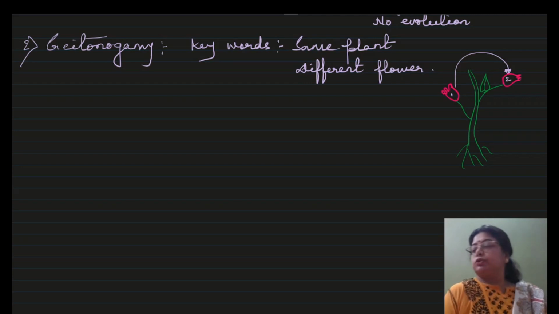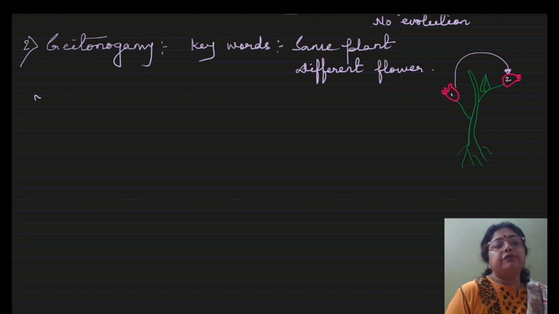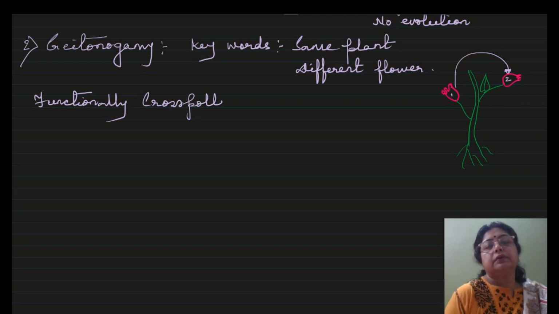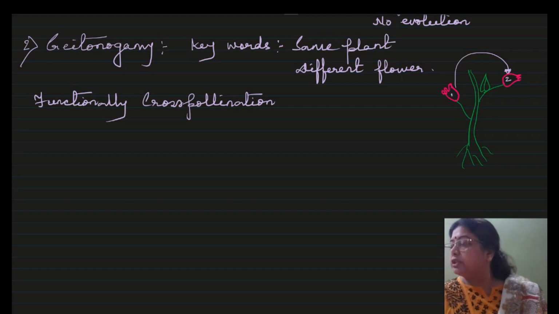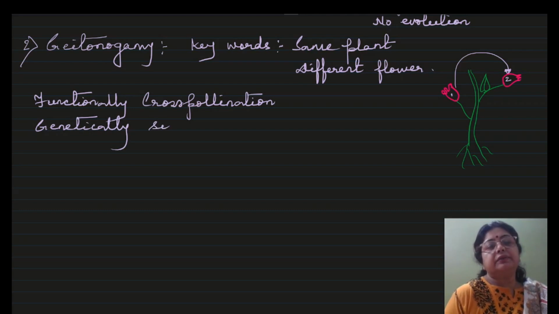So we say in case of geitonogamy that it is very important: functionally, this question also comes, it is following cross pollination. Genetically what? Similar.